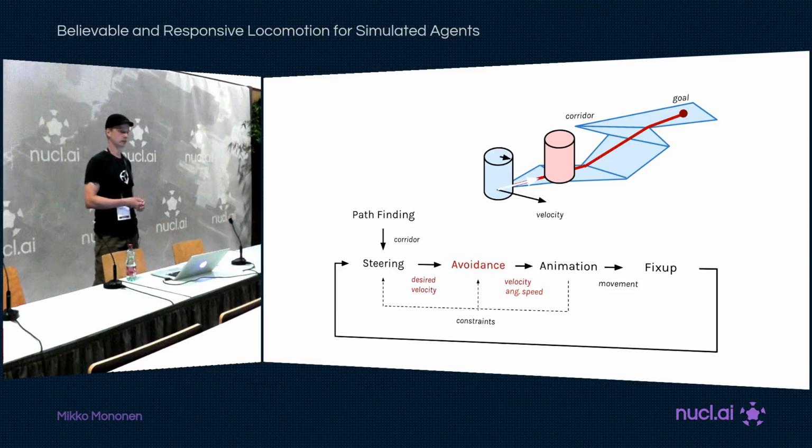Predictive avoidance is far better. The basic idea is that if there's someone blocking you, we want to find a new velocity which will lead us towards the desired direction, and at the same time lead to as few collisions as possible. It's not always possible to find a non-colliding path, but we want to slow down or speed up in order to avoid the other characters.